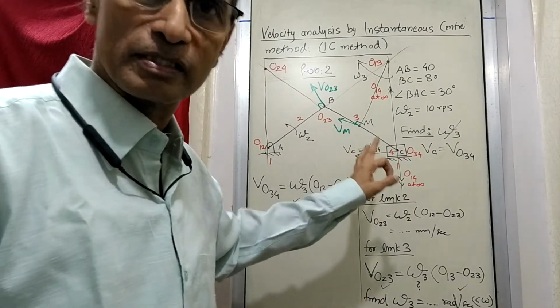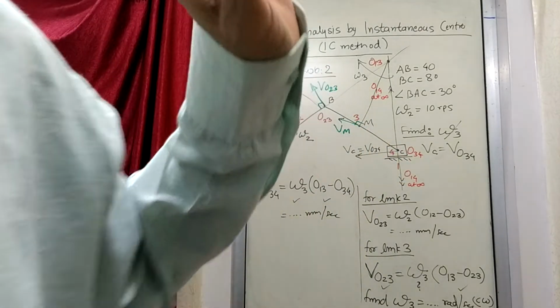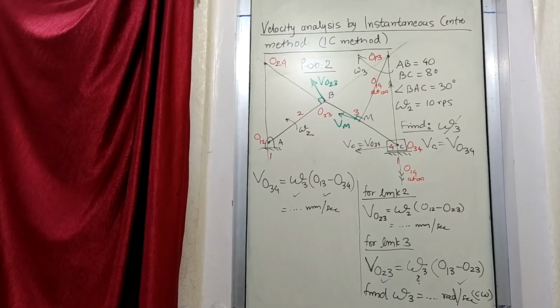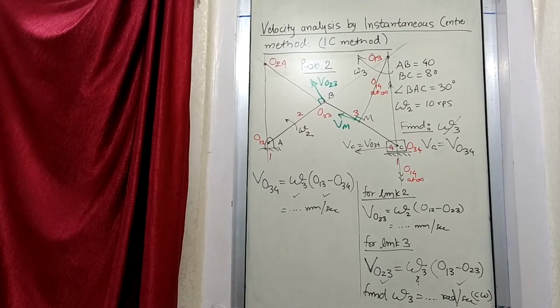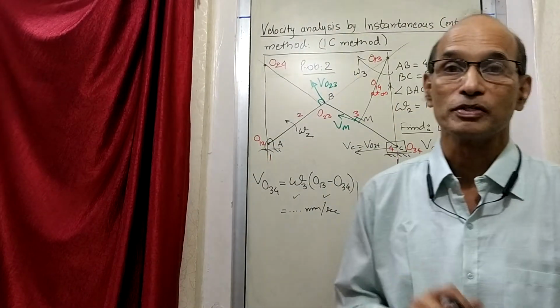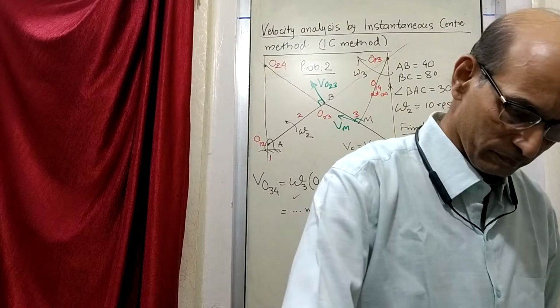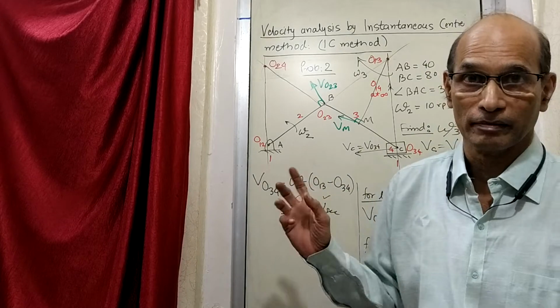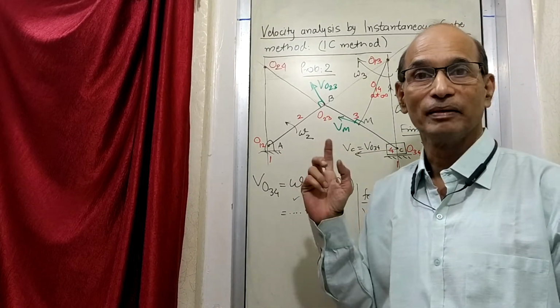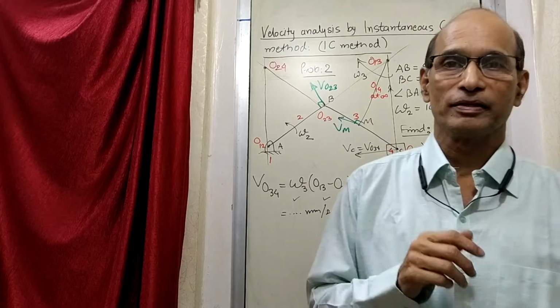Just jot this down, we'll learn something more also. Now there is something very, very interesting you are going to see here. In a slider problem like this, the IC method has a lot of good applications.